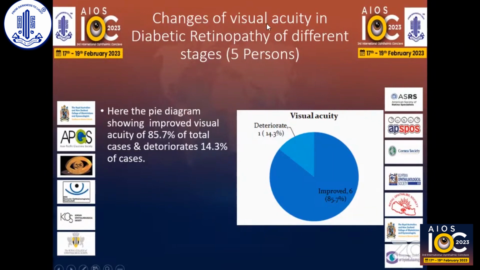Here, changes of visual acuity in diabetic retinopathy of different stages: only 5 persons, 7 eyes. There is improvement of visual acuity in 6 eyes, that is 85.7%, and deterioration occurs in 1 eye, that is 14.3%. Most of the diabetic retinopathy patients have advanced diabetic eye disease, so they are referred to a retinal specialist at a higher center.